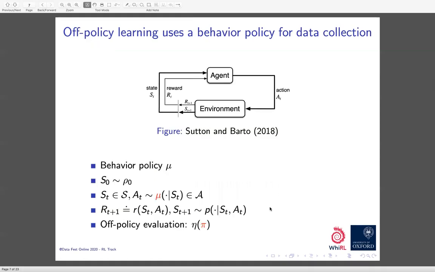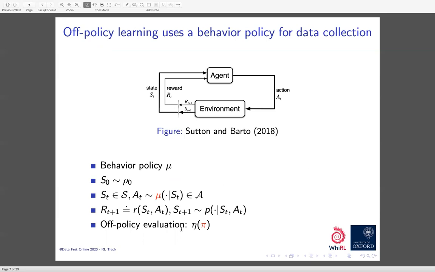The other learning paradigm is off-policy learning, where we use a behavior policy for data collection. So here we have two policies. One policy is the policy we are interested in, let's say pi, so we want to know the performance of the policy pi. We call pi the target policy. The other policy is the behavior policy mu. We use the behavior policy mu to collect data.